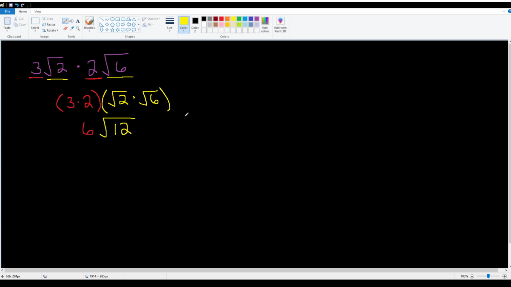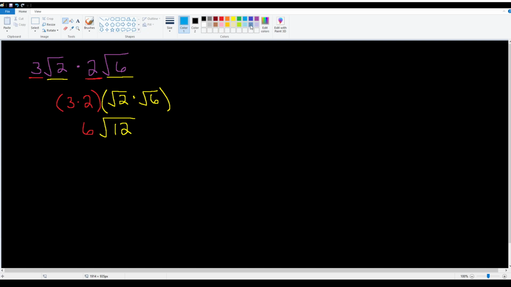Now the only other problem with when we do something like this, we have to make sure that my radical is simplified. We always check to see if the radical is simplified. Just like we did yesterday, when we had to add them, we had to simplify first. We have to see if this radical can be simplified.